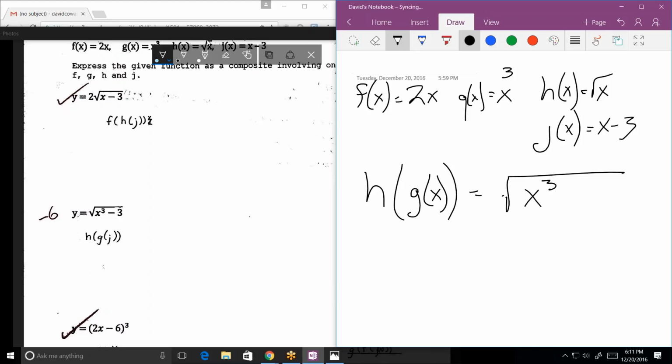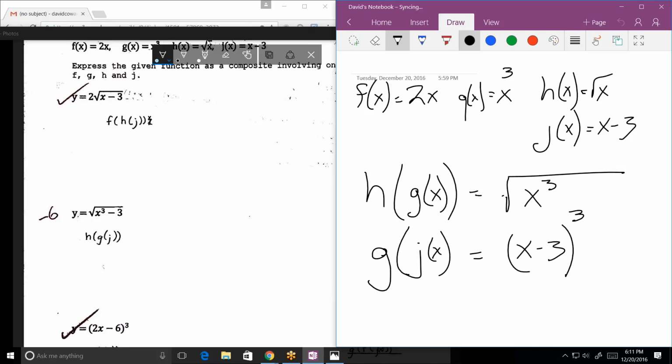So now how do I get the x minus 3 in there? So j of x must be part of it also, but it's not going to be g of j of x. Notice that g of j of x would give you x minus 3 quantity cubed, and that's not what we're looking at at all.